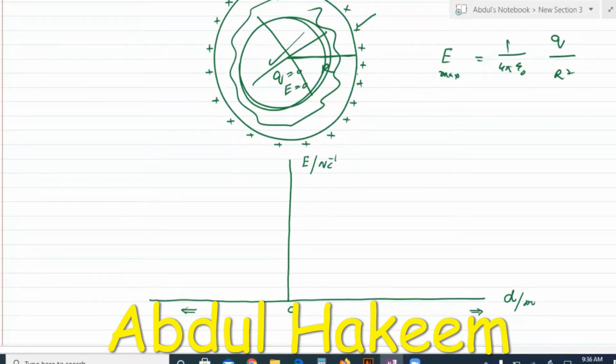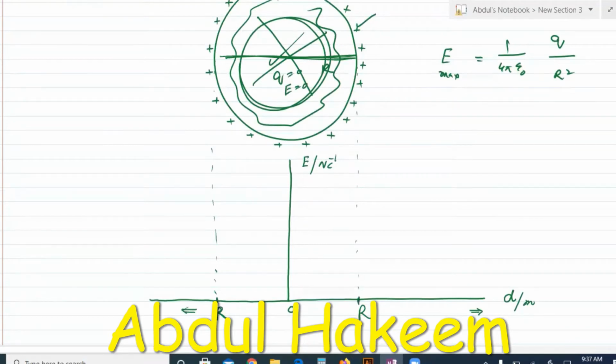So this surface is the right side radius, and this surface is the left side radius. So inside the sphere, there is no electric field.